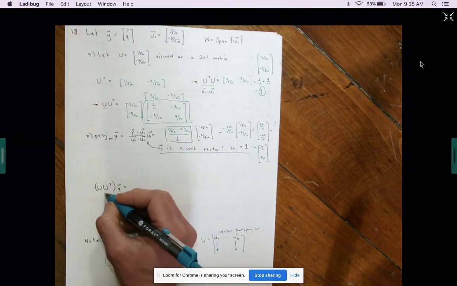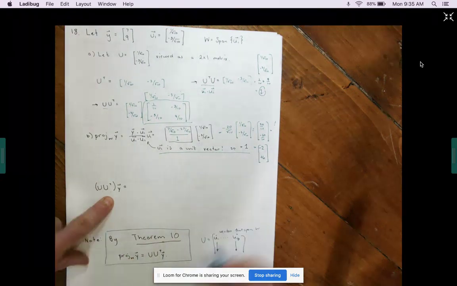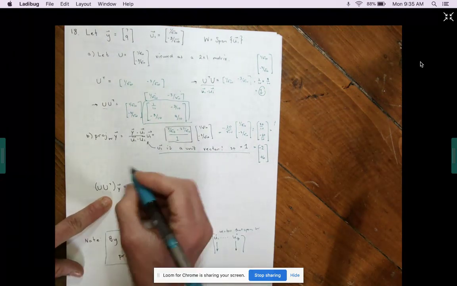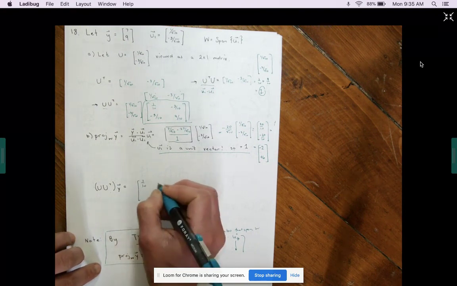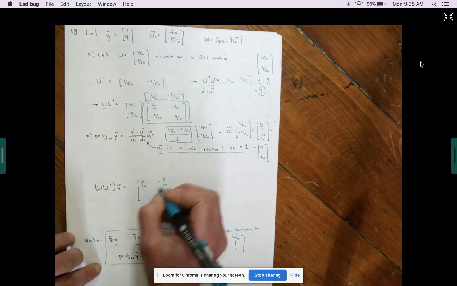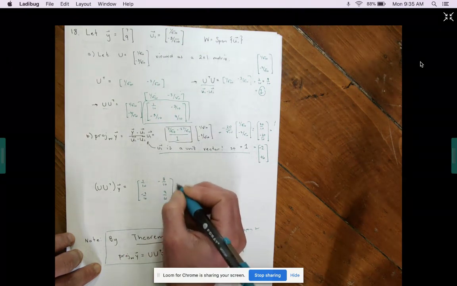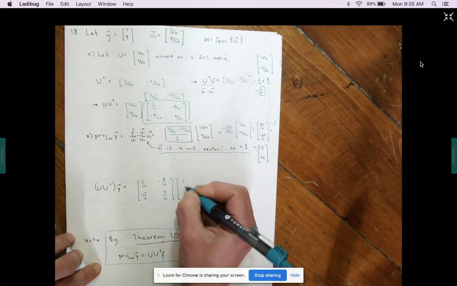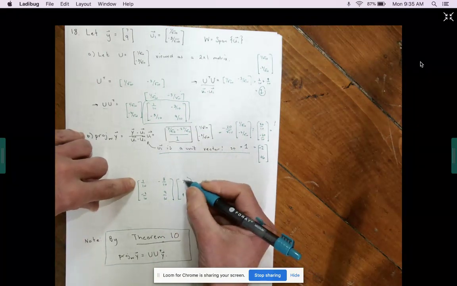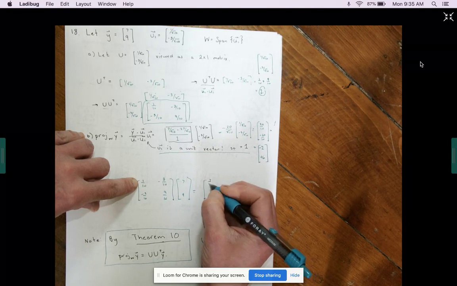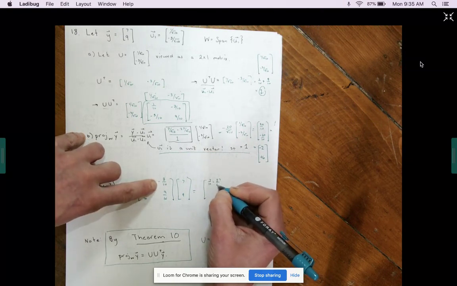Okay, now I want to do U transpose times y. And by theorem 10, we should get the same thing. So U transpose is here. When I multiply that by y, I'm going to get 7/10 minus 27/10.